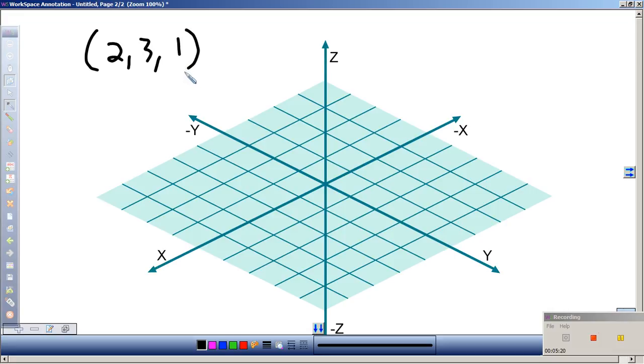So we're going 2 in the x direction, 1, 2, 3 in the y direction, 1, 2, 3, and up 1. You do an estimate. So basically, the easy thing to do is to make some sort of representation to make it look more 3D. The goal would be making sure it's clear you're talking about this point, and making it look like it is 3D.